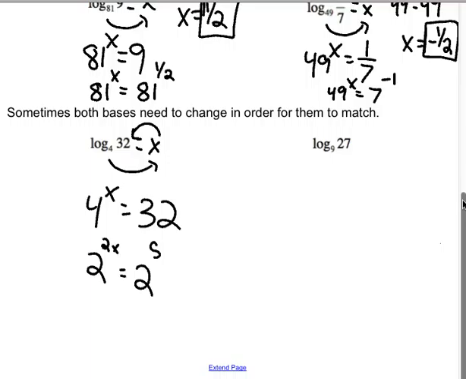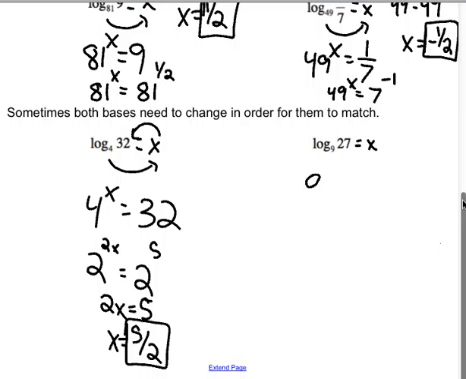Okay, so sometimes you're going to have to rewrite both of them and solve from there. So this time when I set my exponents equal, I get 4 to the 5/2 power gives me 32.